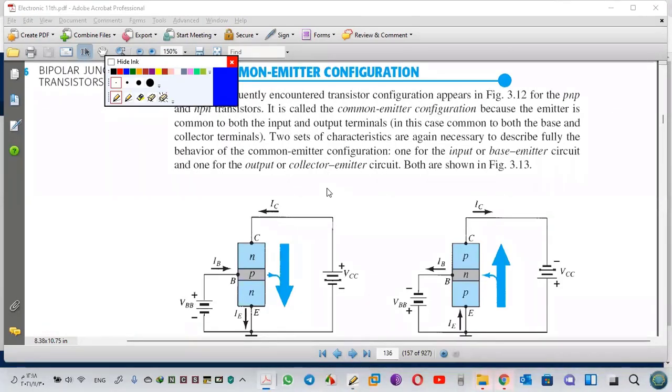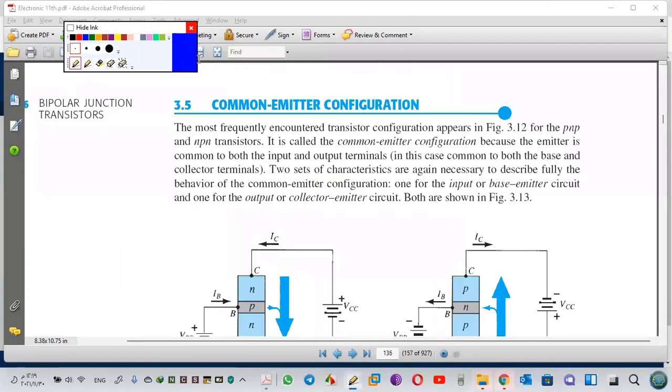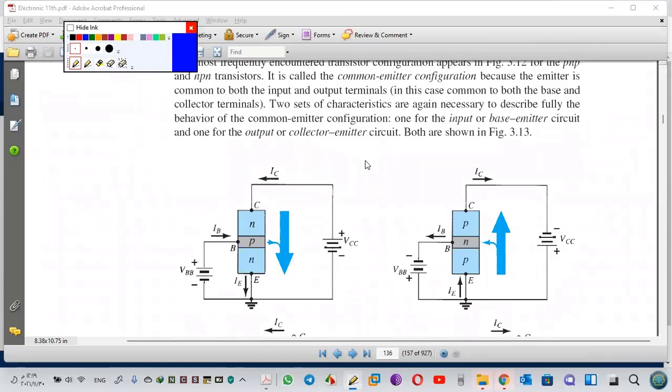Okay. Now we have another model called common emitter configuration. In common emitter configuration, we connect the emitter to the ground. So for that reason it is called common emitter.